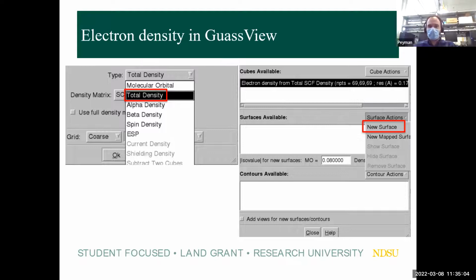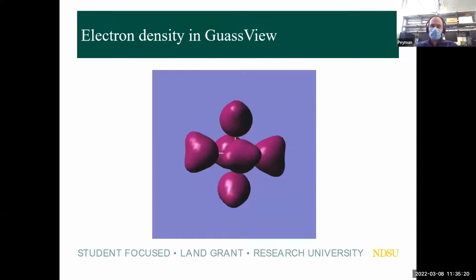Then click OK. After it's calculated, you need to choose the new surface from the surface available tab. And you can see the electron density surface in your model. But you cannot see the contours.